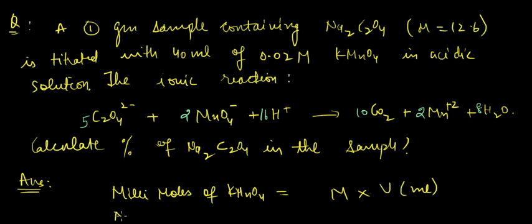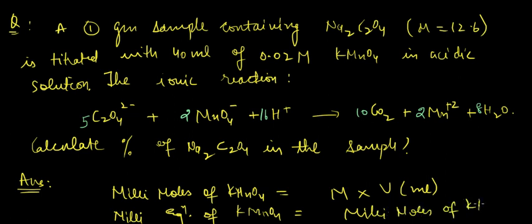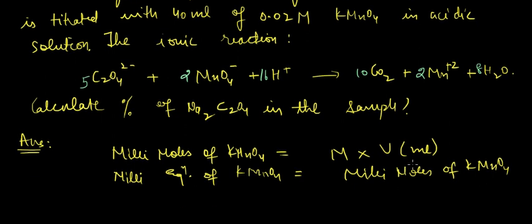And then we can say that milli equivalents of KMnO4 would be millimoles of KMnO4 multiplied with n factor of KMnO4 in the reaction.